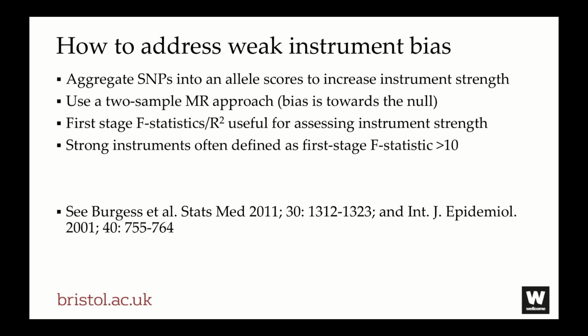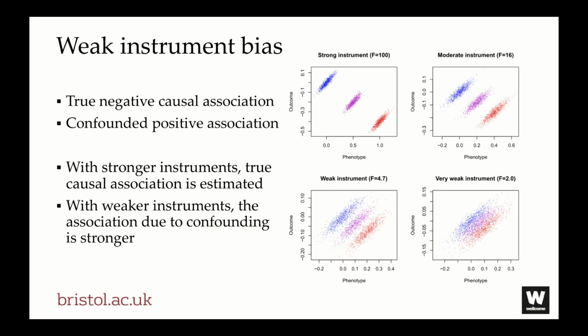And ways to address weak instrument bias are quite simple in a way. First of all, you can use multiple SNPs that are strongly related to your exposure. You can use two sample approaches, where the bias is towards the null. And you can report something called the first stage F statistic, which is what these numbers at the top of the panels were.